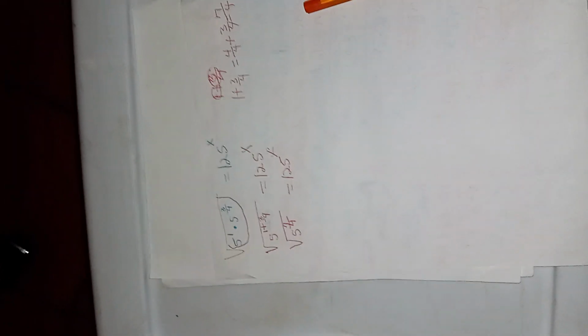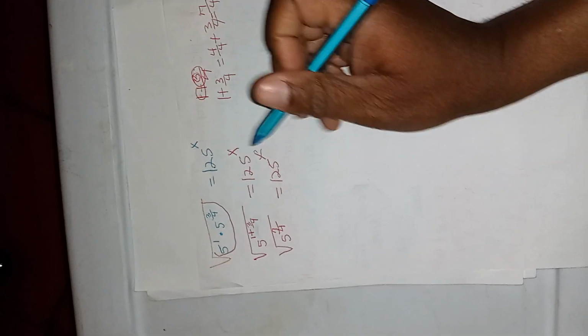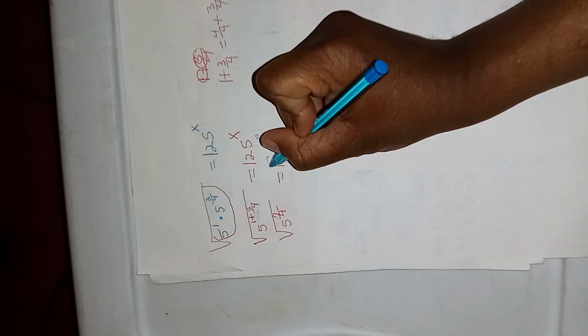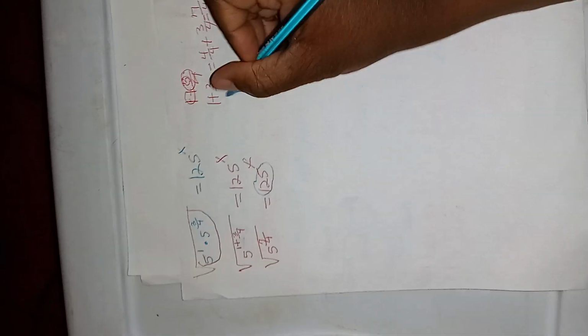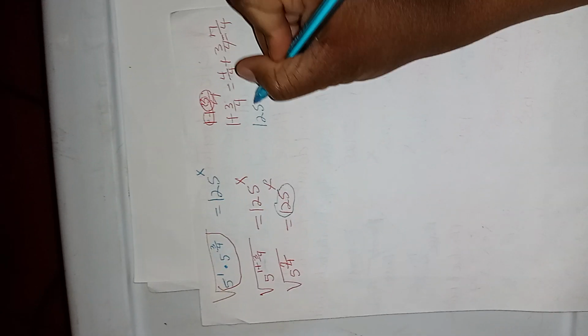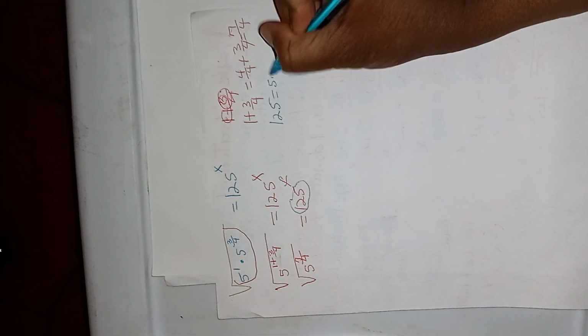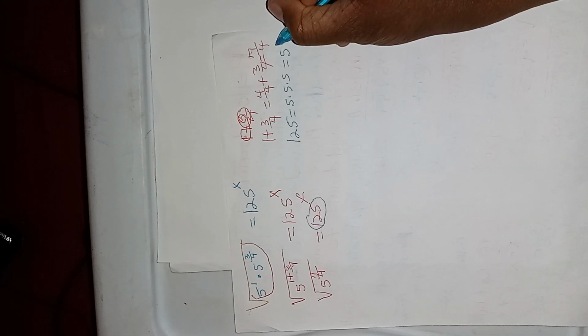So now we need to manipulate the 125 here. So 125 is equal to 5 times 5 times 5, and that is equal to 5 to the third power.